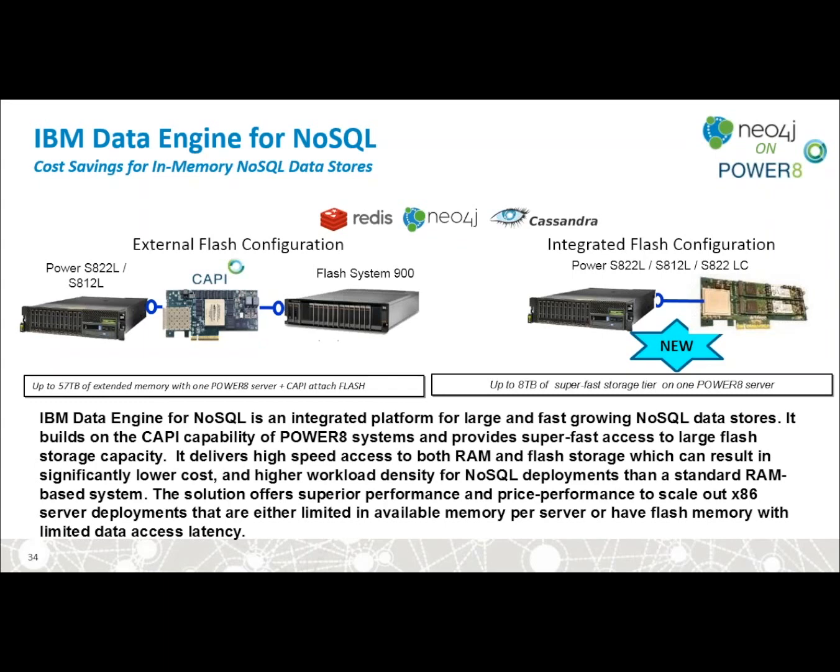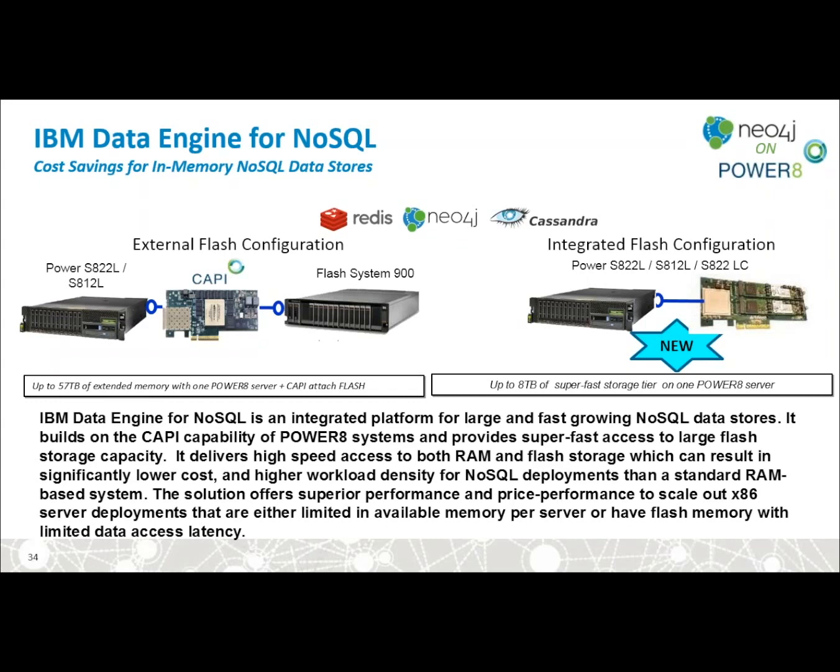This creates a unique new storage tier that helps address some of the scaling and performance challenges with databases that need to keep, or benefit from keeping, large amounts of data in memory, and basically helps drive a performance advantage.